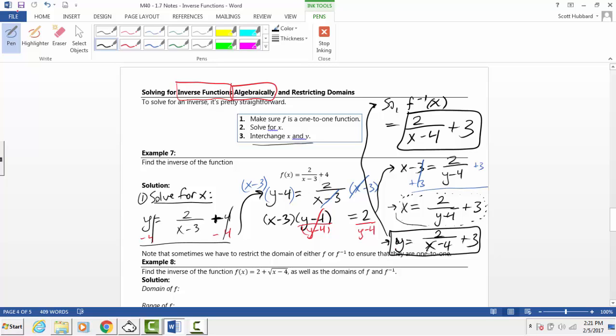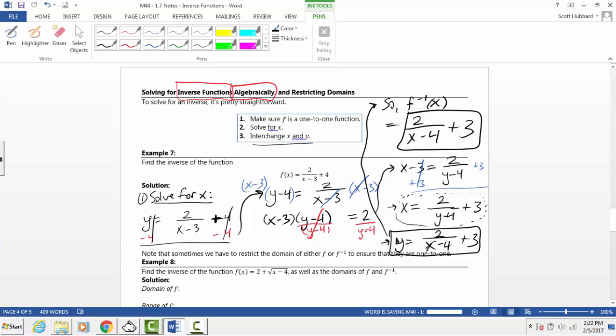Why can we do that? Well, remember that that's what inverses do. They swap inputs and outputs. So they swap x's and y's. And so that's why we get y equals 2 over x minus 4 plus 3. Some of you might have learned it a little bit differently, where you change these steps. You might swap x and y first, and then you solve for y.